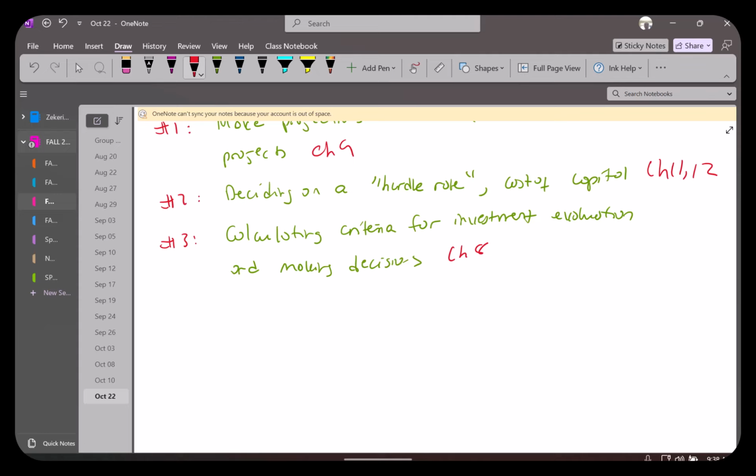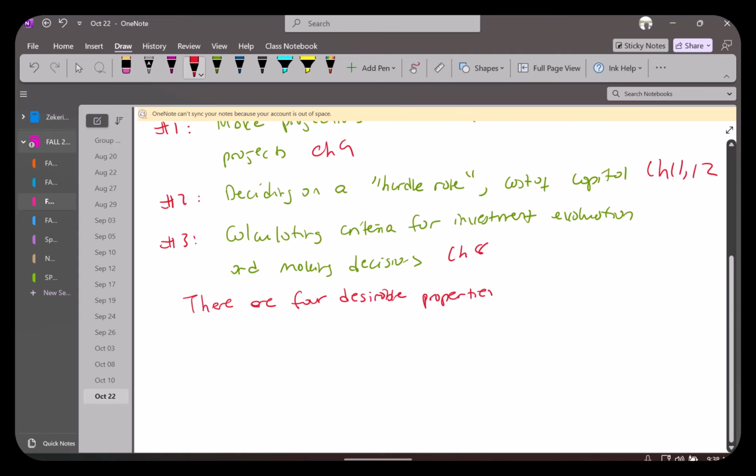For criteria, there are 4 desirable properties for any investment criteria. Criterion. Criteria is the plural. I know, too much Latin.